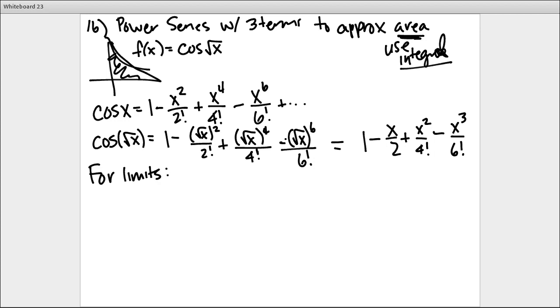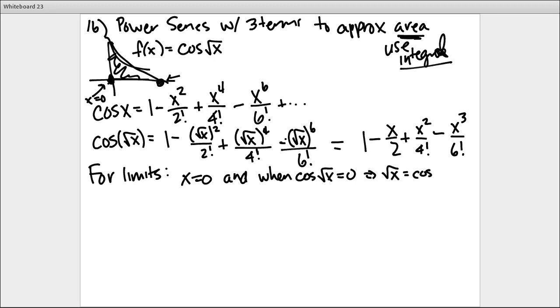So for your limits on the integral, you want where the graph is crossing the x-axis. It's starting here at x equals 0. And then I also need this x-intercept right there. So the limits will be x is 0, and also when cosine of rad x is 0.